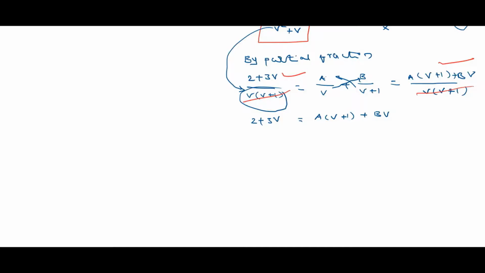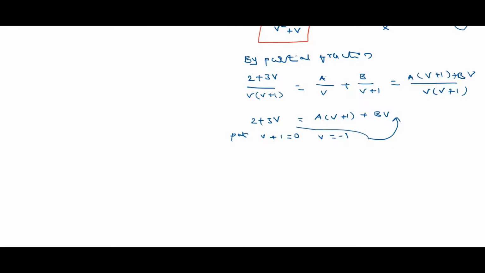And now put v + 1 equal to 0, means v is equal to minus 1 in this equation. If we substitute v equal to minus 1, what we get is 2 minus 3, and 2 minus 3 is equal to minus 1.